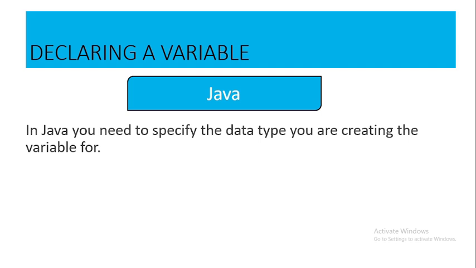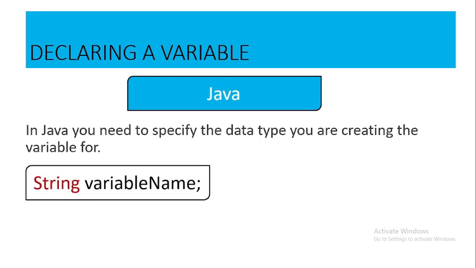If it is going to hold a double or floating point data type, we have a keyword we use to create that particular container. So in Java, you need to know the data type you are going to save in the variable you are creating, and that informs you on the particular keyword you are supposed to use.